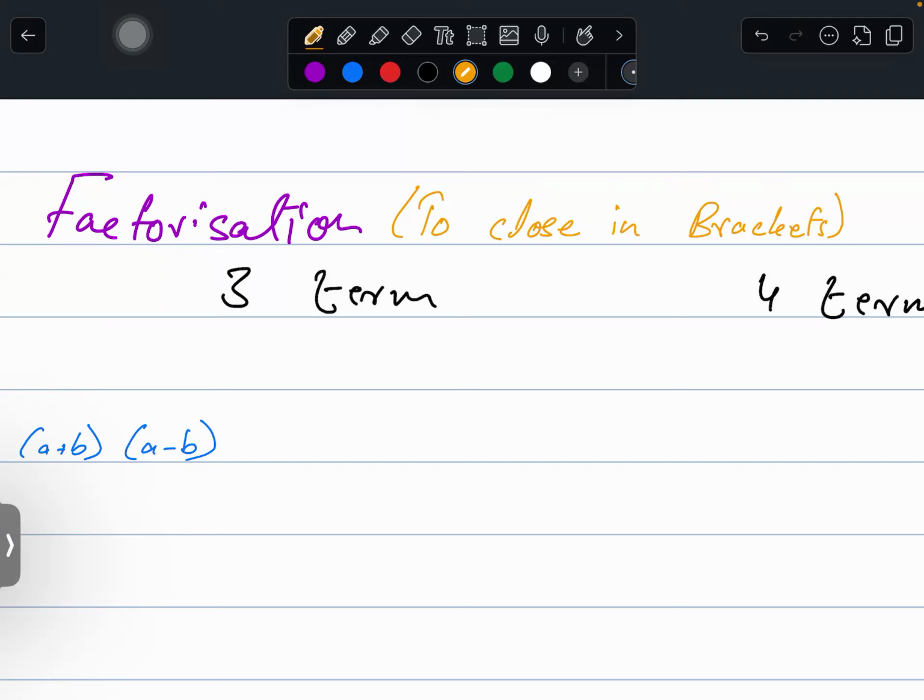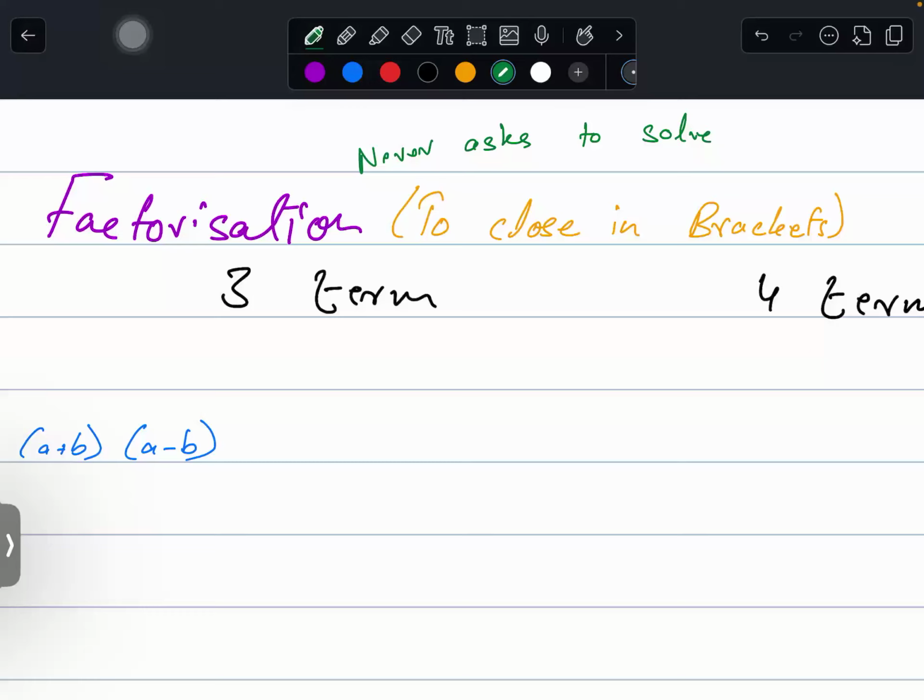Factorize never asks to solve, because factorization cannot be solved. If anything needs to be solved, it's either a linear equation, expansion, simplification, something like that, that can be solved. Factorization does not mean to solve.